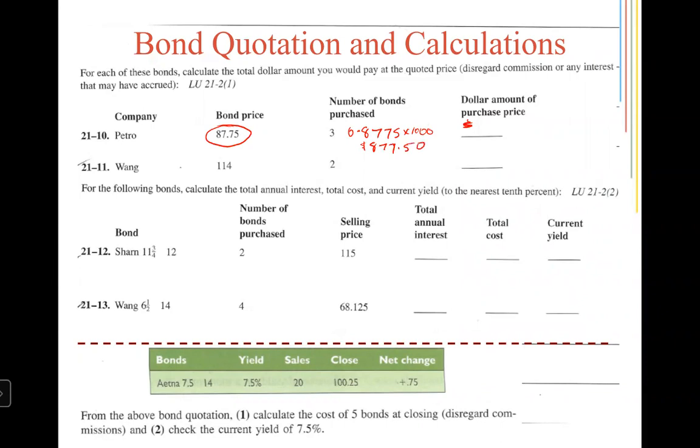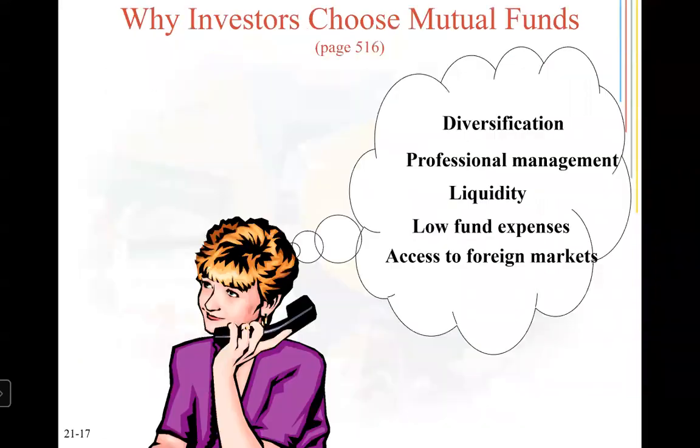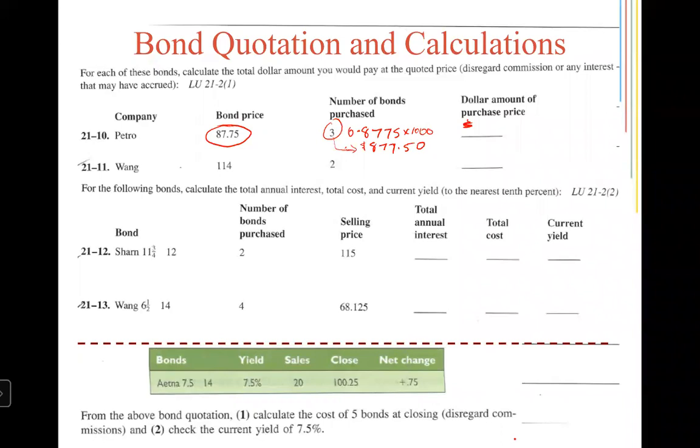But we purchased 3 of the bonds. So what would be the cost of 3 bonds if one bond is $877.50? $2,632.50.